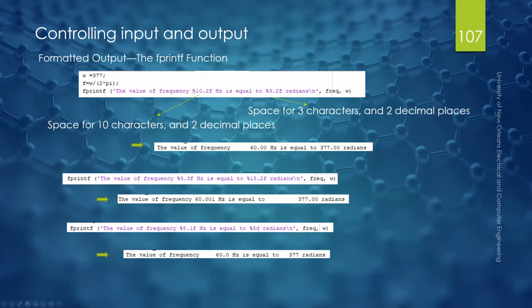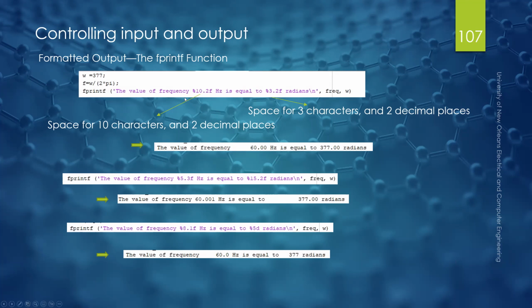Now, the concept here doesn't change from the previous cases. I still have a placeholder for this variable and a placeholder for this variable. And I know that the value is going to be displayed as fixed format, or in decimal, I'm sorry, it's a real number.